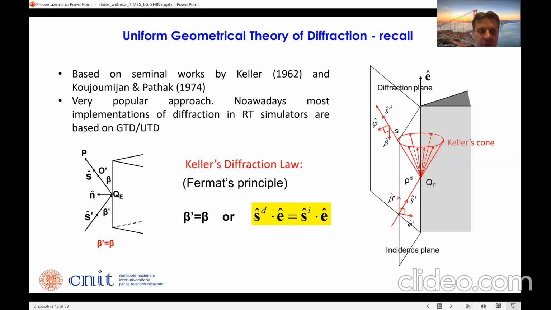And the aperture of this cone, beta, is equal to the angle formed by the incidence direction and the edge. So beta equal to beta prime. This law is also called the Keller's diffraction law, and it is a direct consequence of the Fermat's principle.